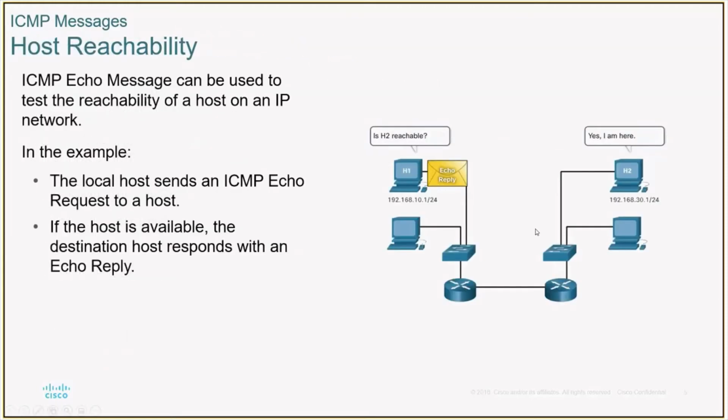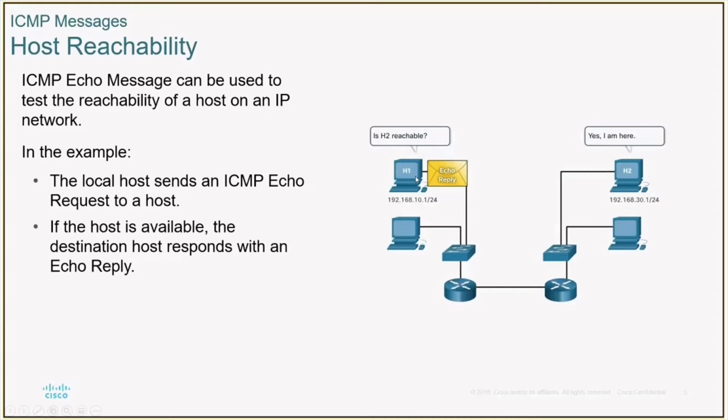So with host reachability, basically, have we all done a ping message? So of course, ping is basically when you type ping and the destination, your machine actually sends out an echo request. And so basically, you send out an echo request to the destination, and then the reply is an echo reply.